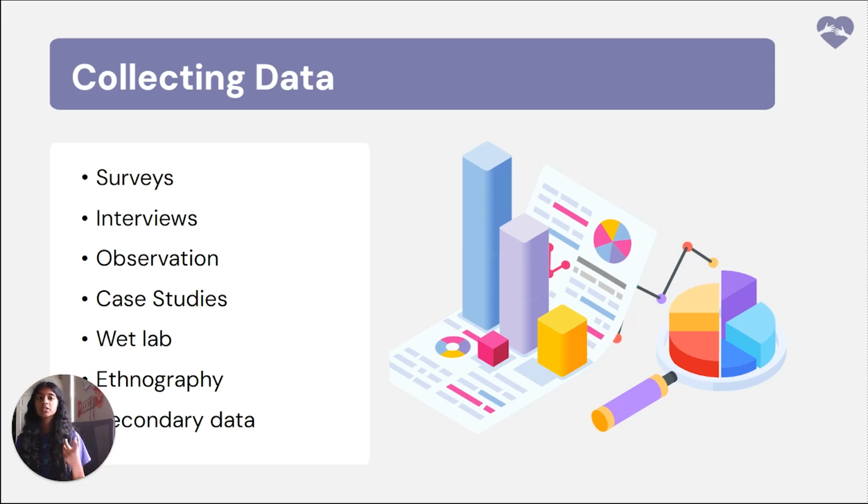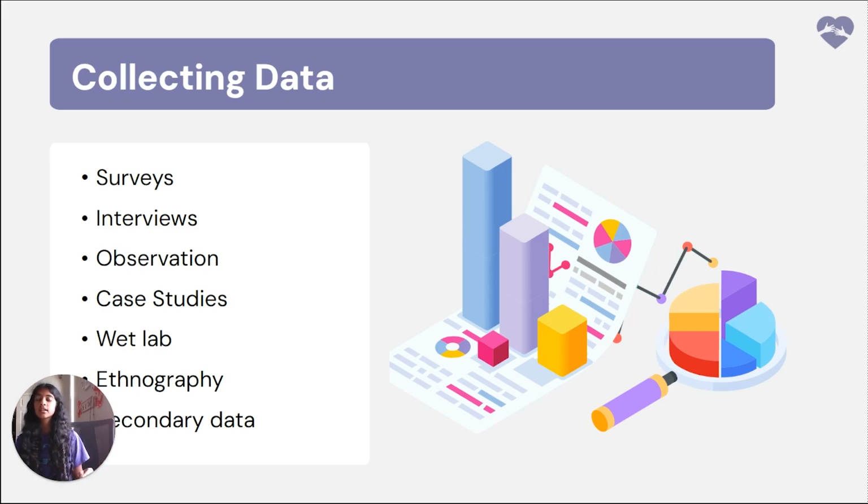Interviews, which allow for deeper understanding, provide qualitative data instead of quantitative because you're having a conversation with the research participant. Observation provides real-time data and is not intrusive. Case studies give detail and context and hypotheses. Wet lab establishes a cause and effect relationship.